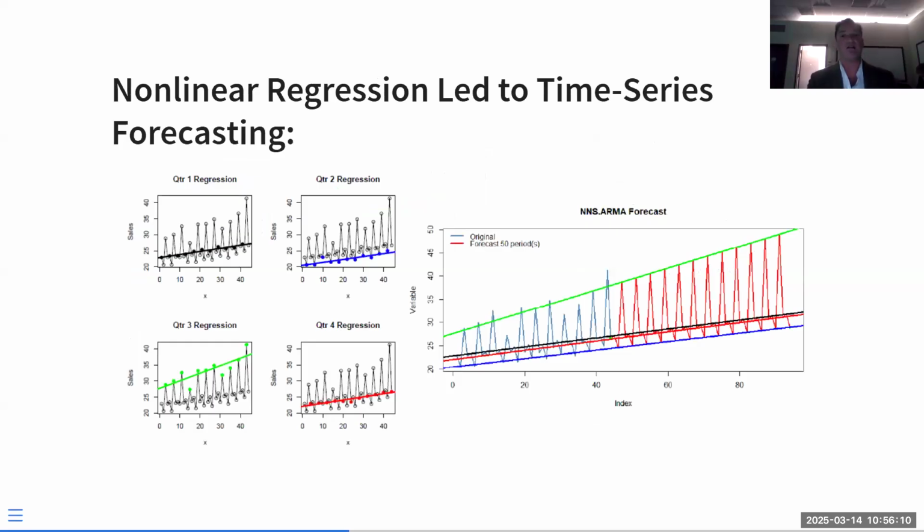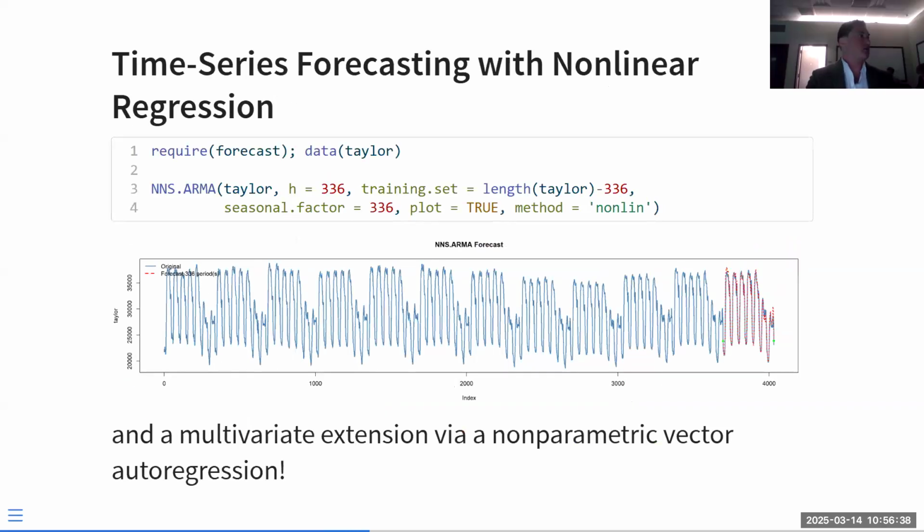So this is an example of a linear regression on these subsets. This was quarterly data for electricity, and you can see I'm simply performing linear regressions on that relevant subset of observations. And then this is your forecast. But then I thought I should put the nonlinear regression method into this.